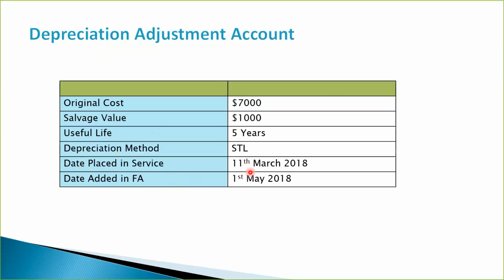So according to that convention, depreciation will be calculated as if it's starting from the 1st of March. Okay. However, since this asset is only added in FA on the 1st of May, right? So depreciation entries for March and for April cannot be calculated. Why? Because this asset has not been added in FA. And in FA, once you add them to your books, that's when you can start calculating the depreciation expenses.